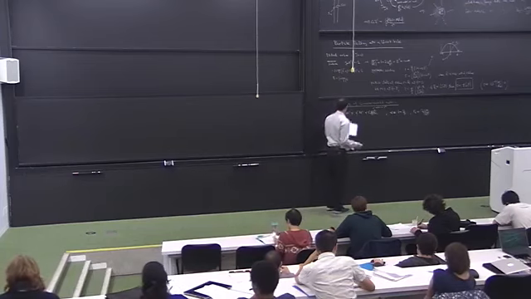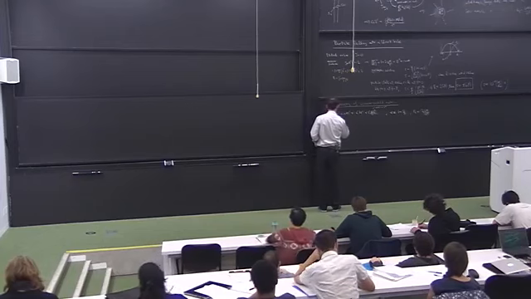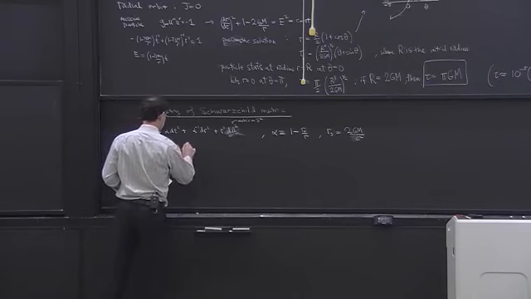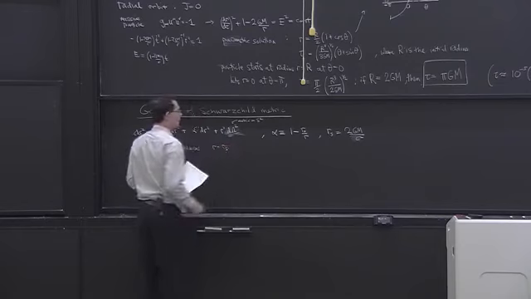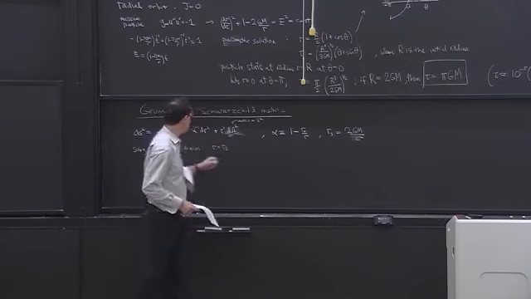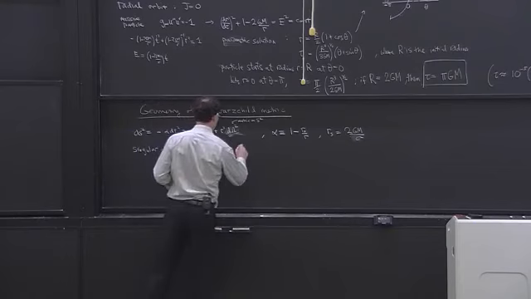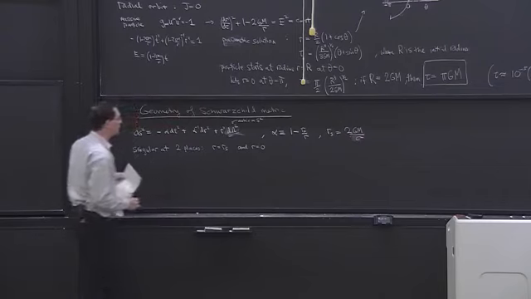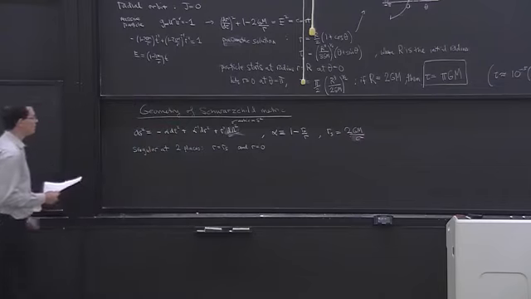Now, this metric is obviously singular at 2 places. r equals rs, in which case alpha vanishes, and this term goes to infinity, and also r equals 0, in which case alpha goes to infinity, and this term is infinity.